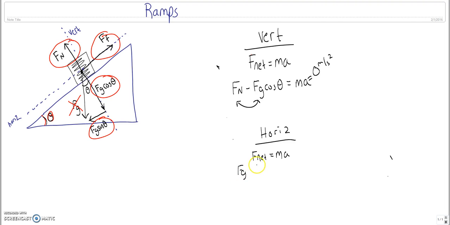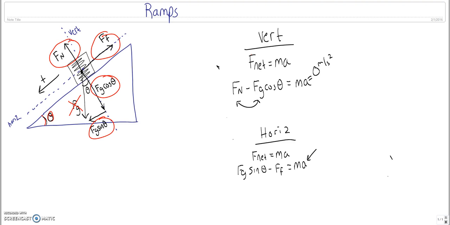I prefer to consider Fg sine theta in the positive direction going down the ramp because that's going to be greater. Friction's not going to accelerate the block up the ramp. So I consider Fg sine theta to be a greater force. So I put that in the positive direction and then subtract off friction in the opposite direction equals ma. And now this acceleration right here may or may not be 0, just depending on the situation and the problem.